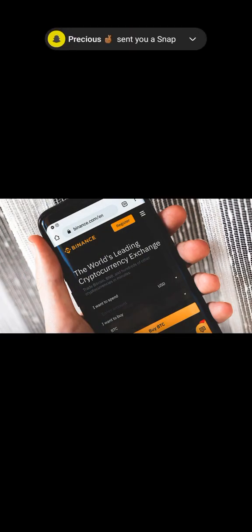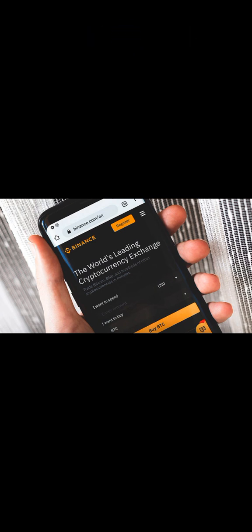Now, let's look at some key features. One, immediate settlement. Transactions are settled on the spot. The key word here is spot, meaning the transfer of the asset and payment occurs almost instantly.